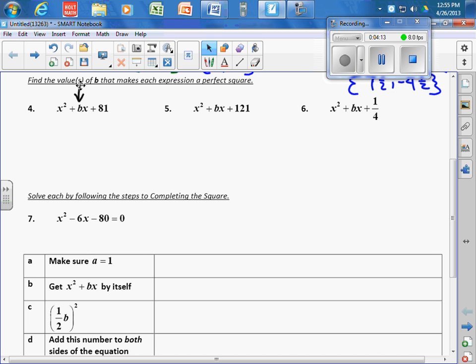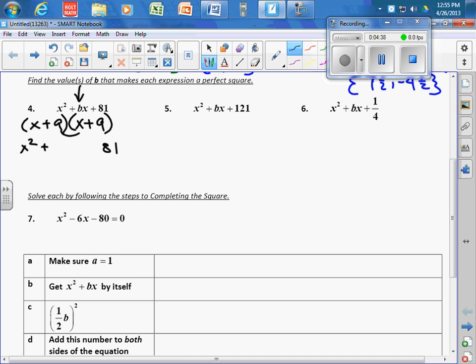Well, what do we mean by a perfect square? Well, a perfect square is when you multiply two of the same thing and you get the original problem. In other words, if I were to factor a problem and get the answer x plus 9, wouldn't we have the x times x, x squared, 9 times 9, 81.